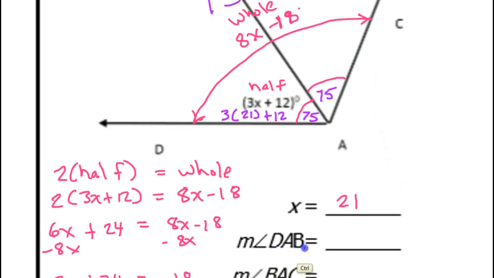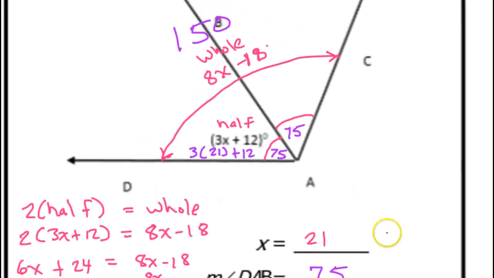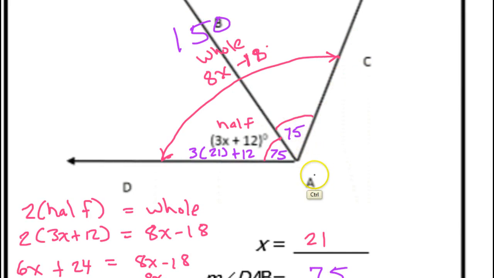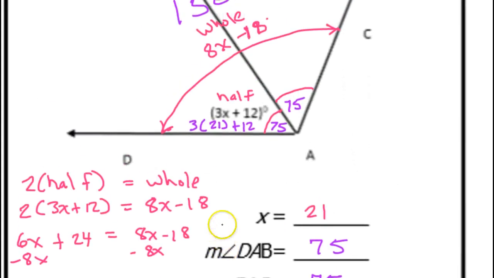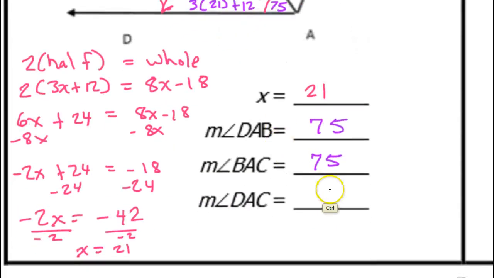So angle DAB is a half, so that's 75. Angle BAC is a half, so that's also 75. And angle DAC is the whole, which is 150.